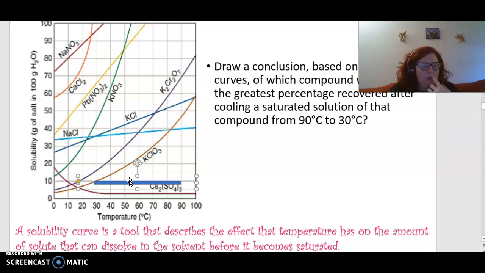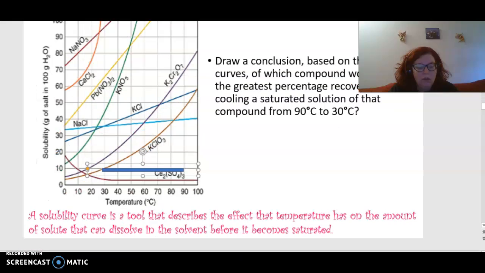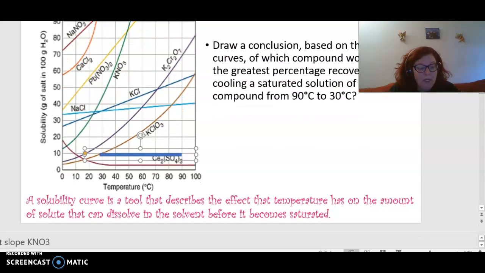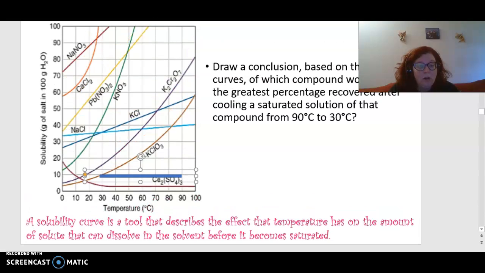So, translation. I know, you're wondering, what's the translation? Translation is steepest curve. In this particular scenario, where's the steepest curve? I know you might be thinking KClO3, but no, just wait.